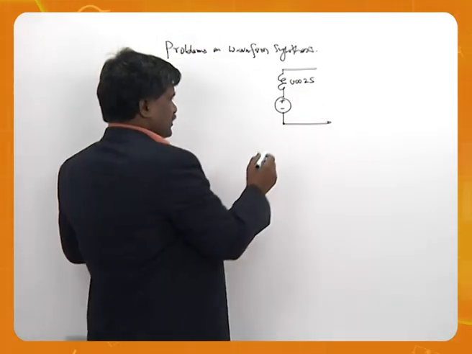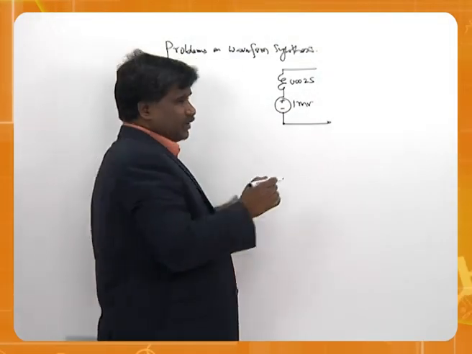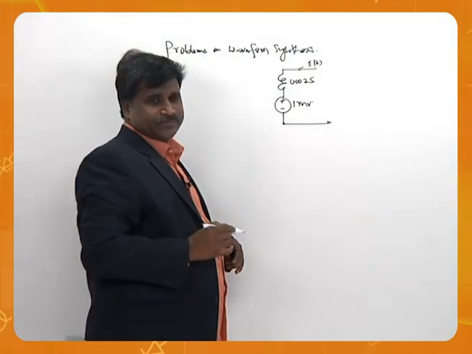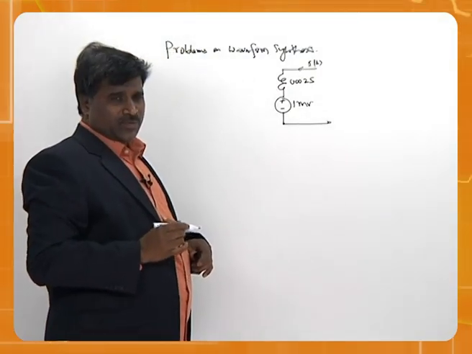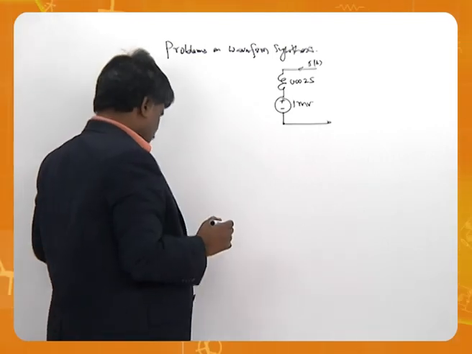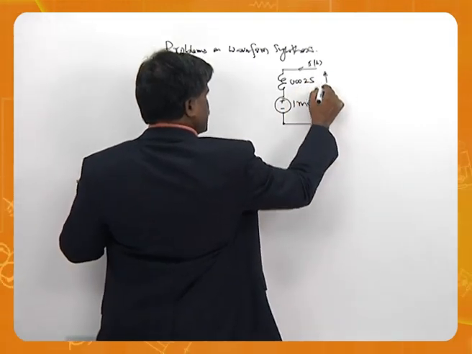This is 1 millivolt. This is I of S. Then we have to calculate the initial value of the current. See, for example, this is V of S.